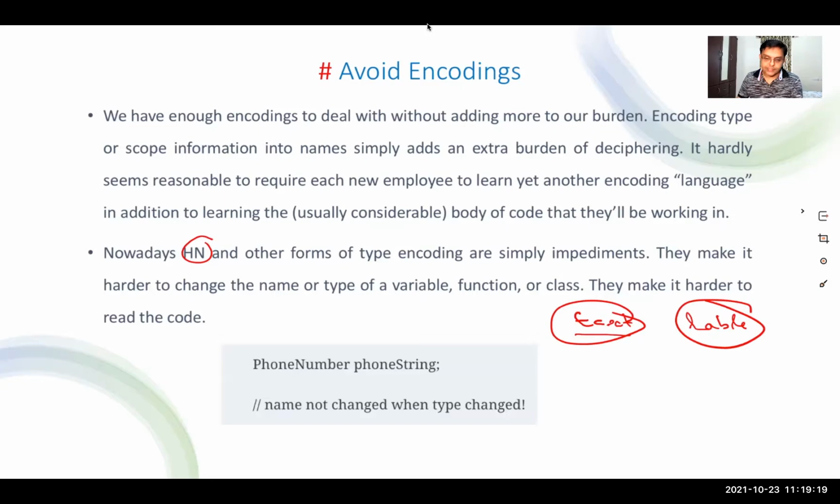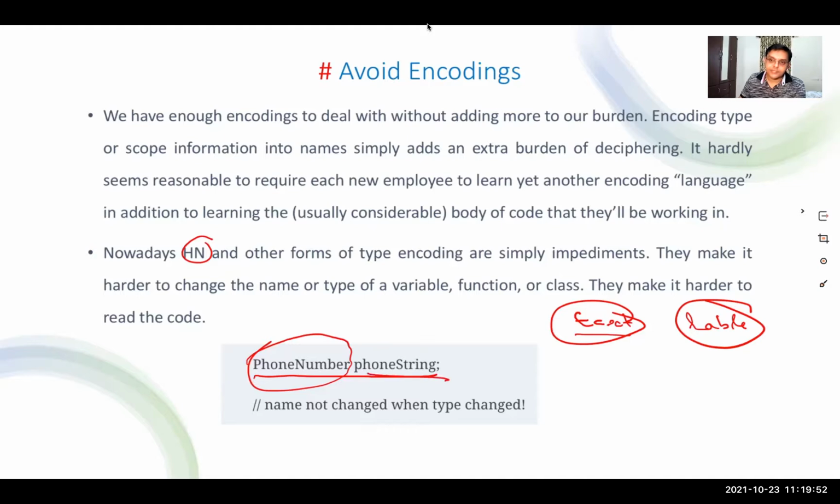Okay, so some other encoding I would say. See, look at these things. I have created a variable called phone string, but now what is the data type? What is the data type? Phone number. So phone number, I assume that may be a class or structure or whatever it is, right? It's not a primitive data type, right?